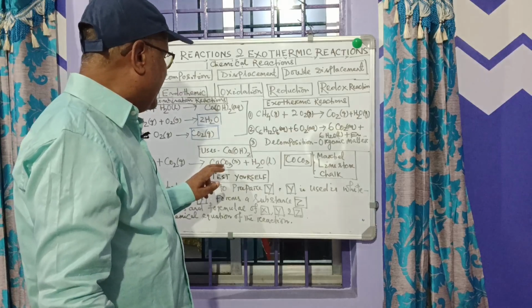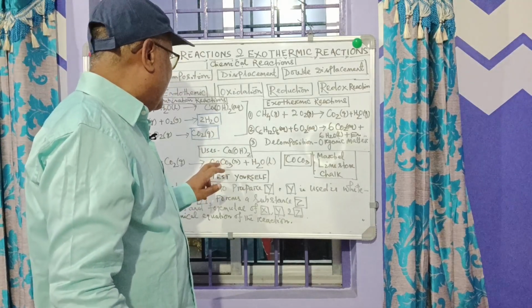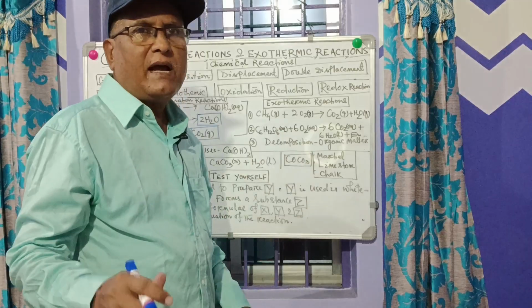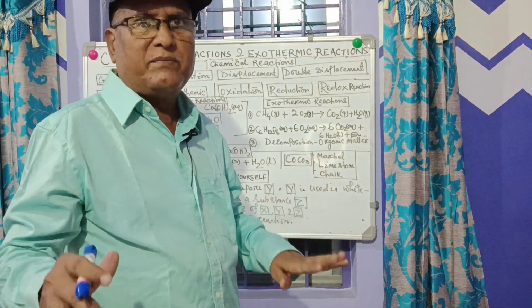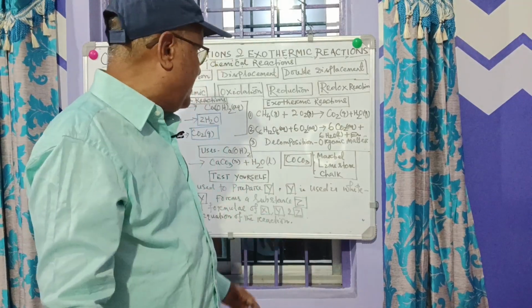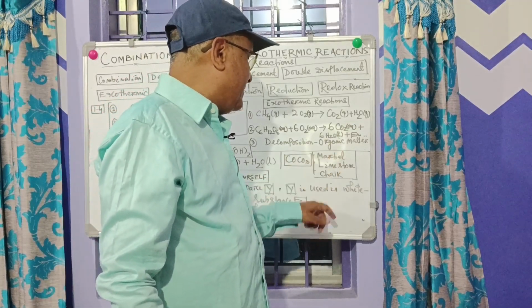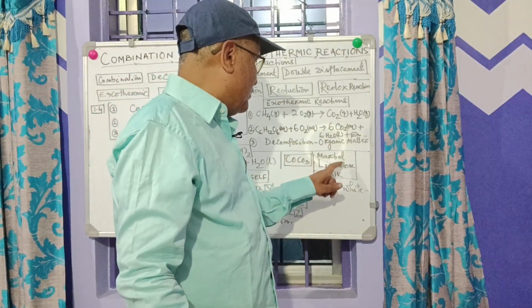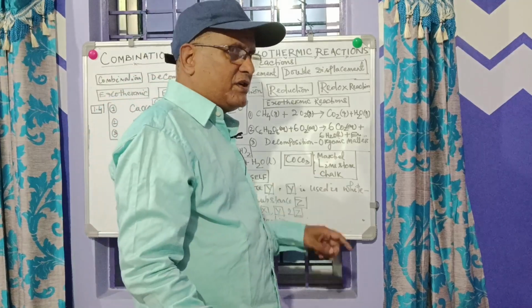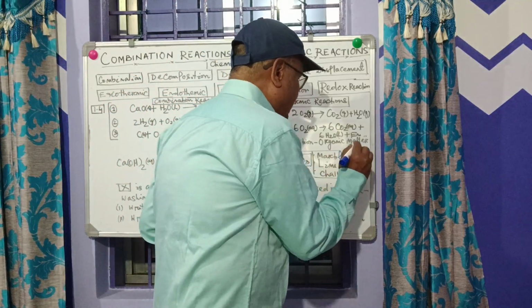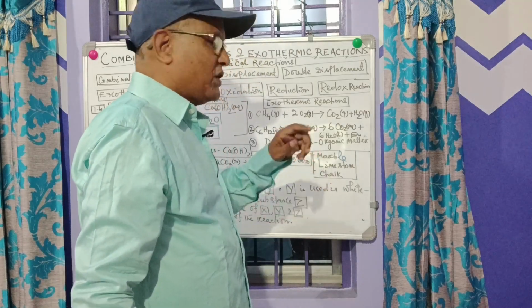Do you know what are the names of calcium carbonate? It is given in your book and it was asked in CBSE exams and different exams. So you see calcium carbonate is called marble, limestone or chalk.